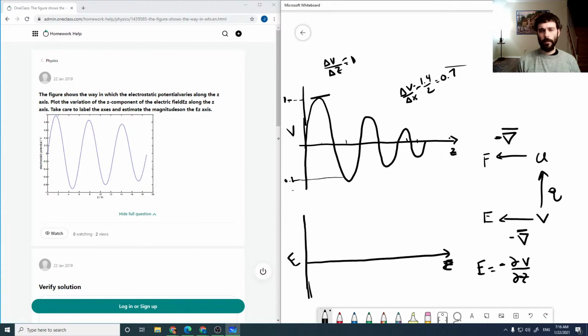So first of all, at each of the turning points, my dV by dz is 0, right? So these are the points where my derivative is 0. And so my E field will be 0 at these points.